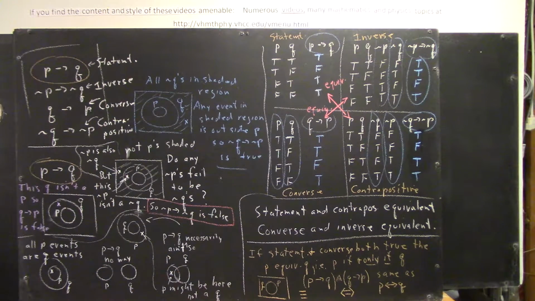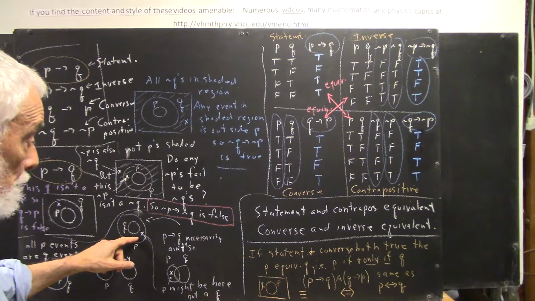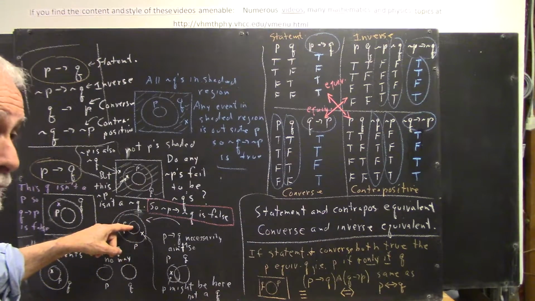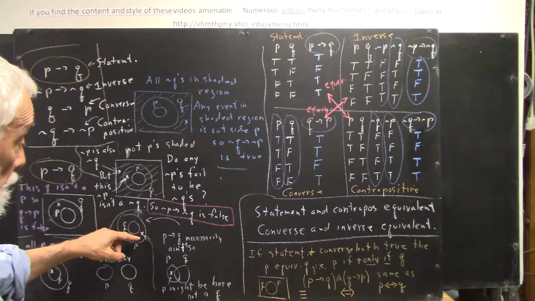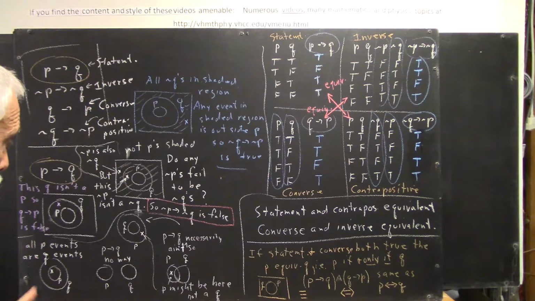Also in this picture, you might have a P out here that's not a Q. If you can have a P that's not a Q, then the statement if P then Q cannot be regarded as true, so we would have to regard it as false.